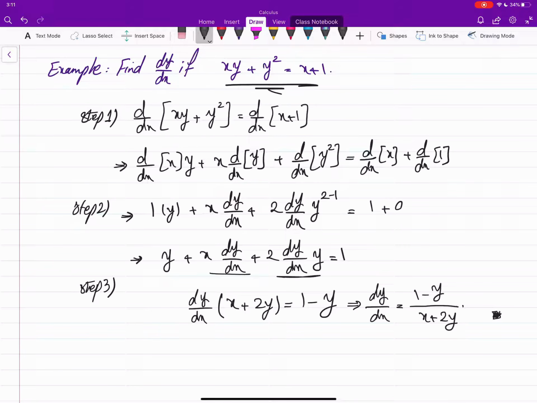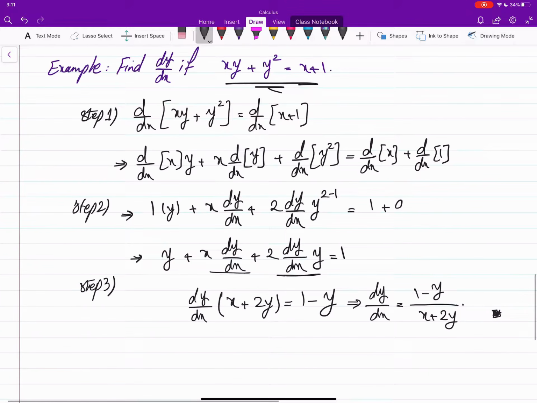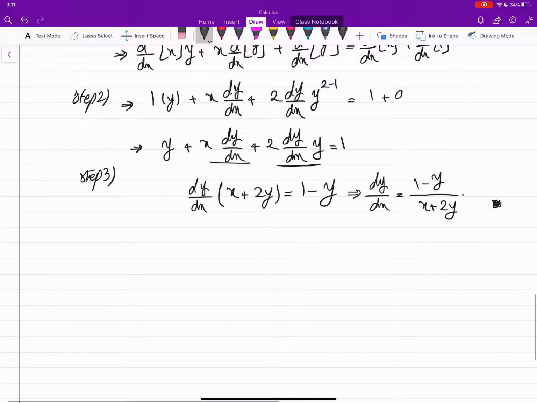Okay, so definitely we will do more examples, but here comes the fact that if this equation gives us a curve, which definitely gives us a curve, I can use this derivative and find the slope of tangent line and find an equation for the tangent line. So let me write this as a remark.